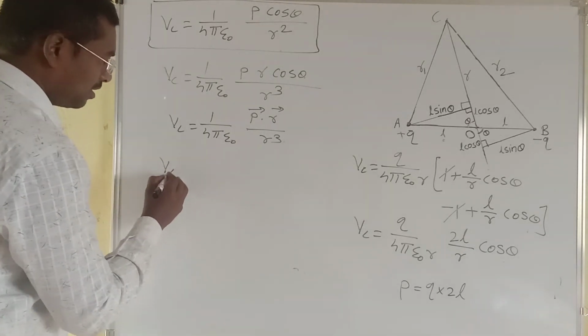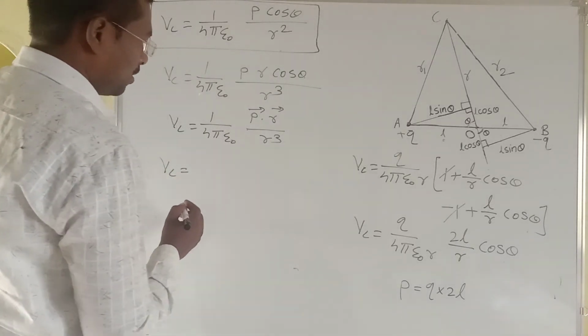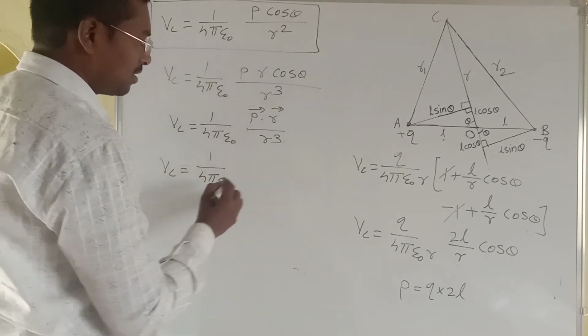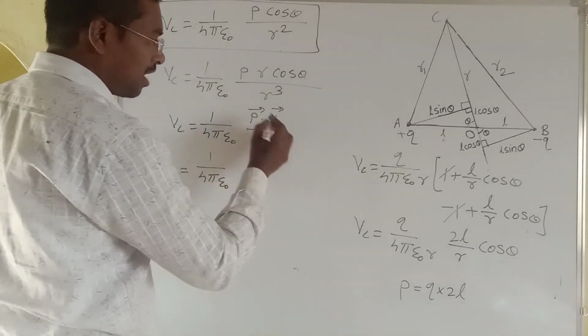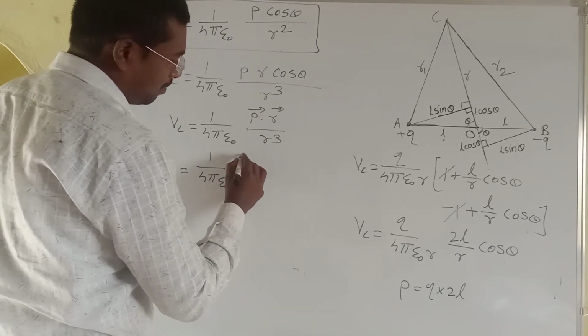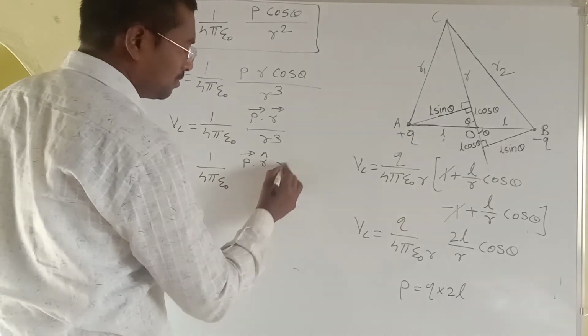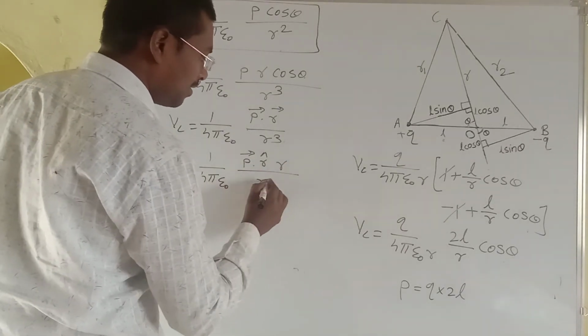Therefore, V_C is equal to 1 upon 4πε₀, this R̄ can be written as P̄·R̂ into R divided by R cube.